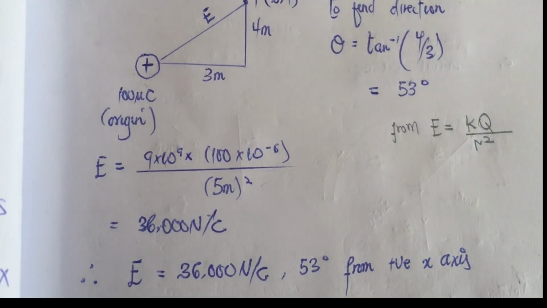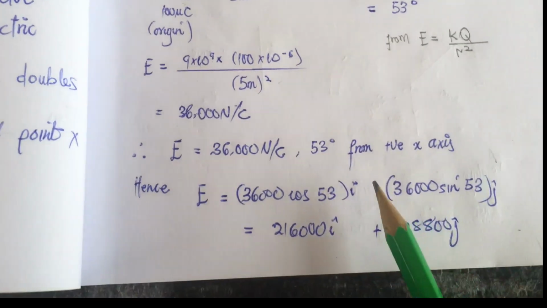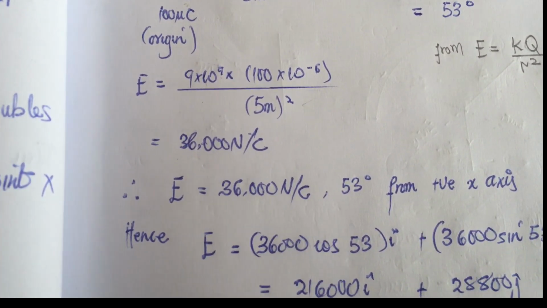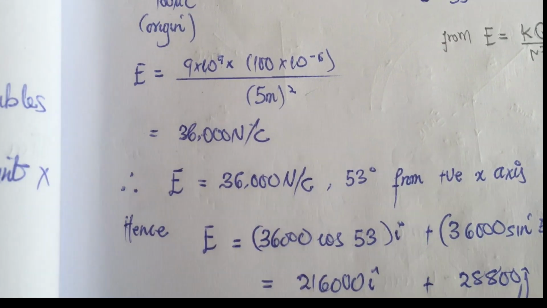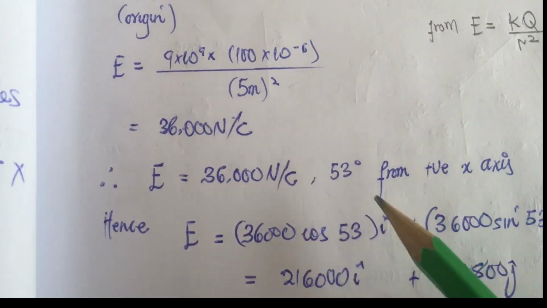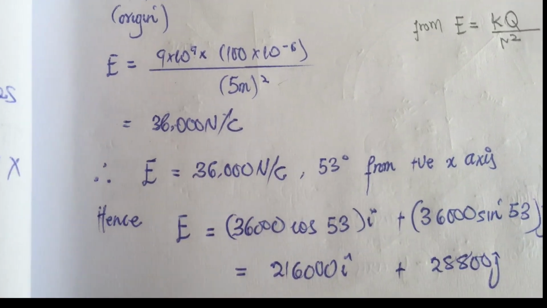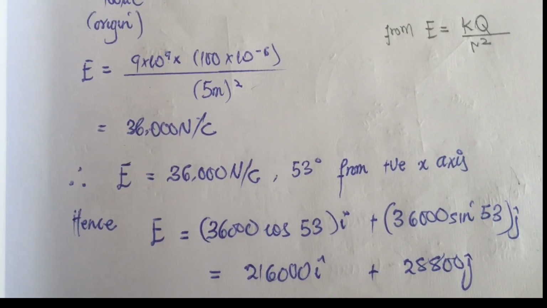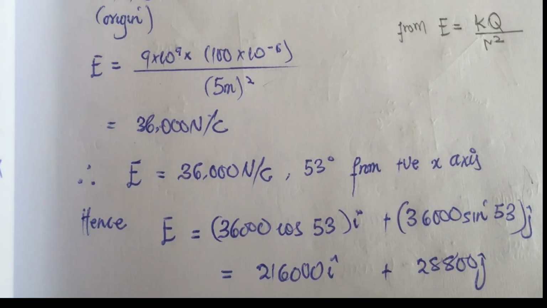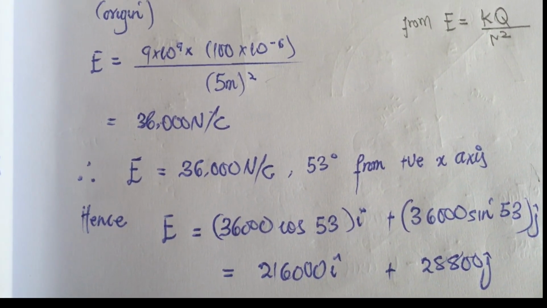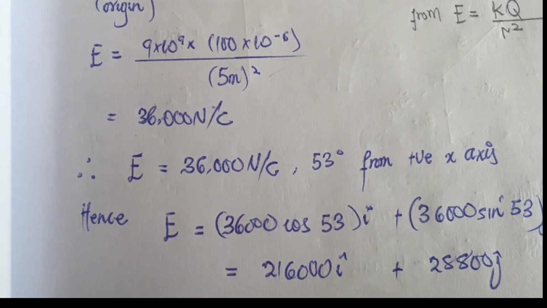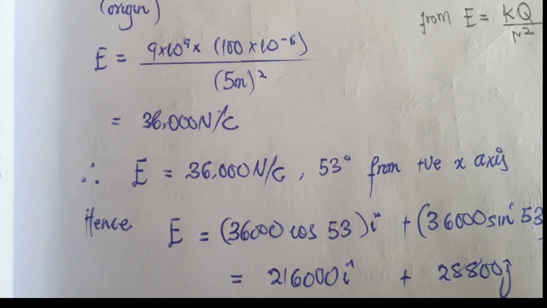If we have 53 degrees here, then to find the x component of our electric field, the x component usually corresponds with the cosine, and our y component usually corresponds with the sine. So to find the x component of the electric field, you multiply your magnitude by the direction, which is cos 53.